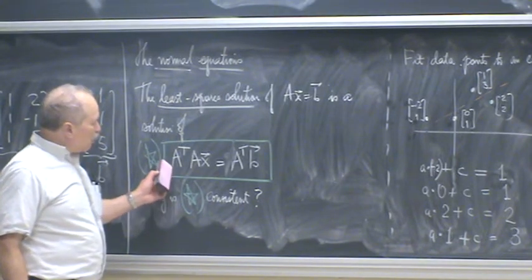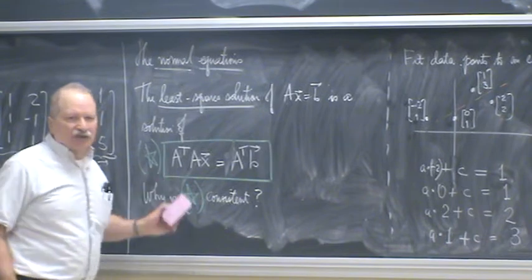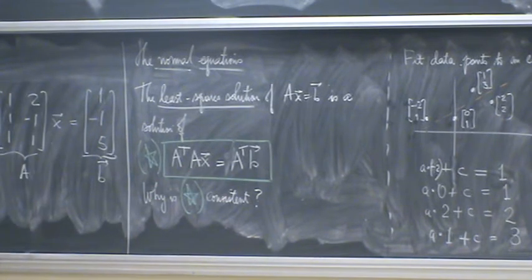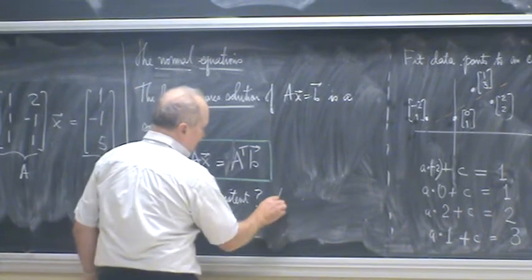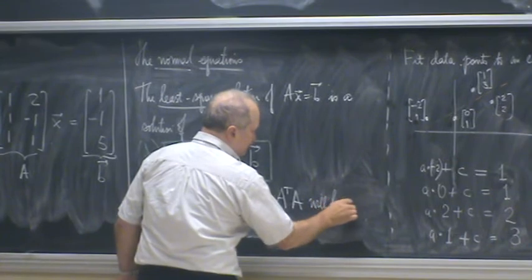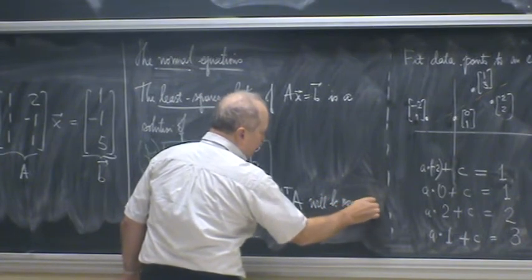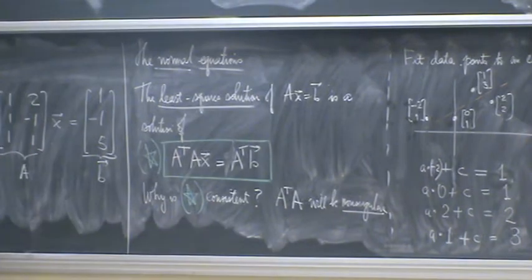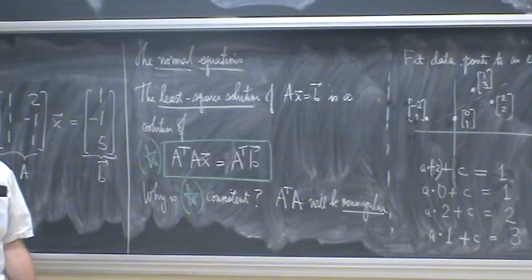So, what would say that this equation is not only consistent, but in fact has a unique solution? It's A transpose A, it's non-singular. So A transpose A will be non-singular if what's true? You've done homework on this in the past few weeks.